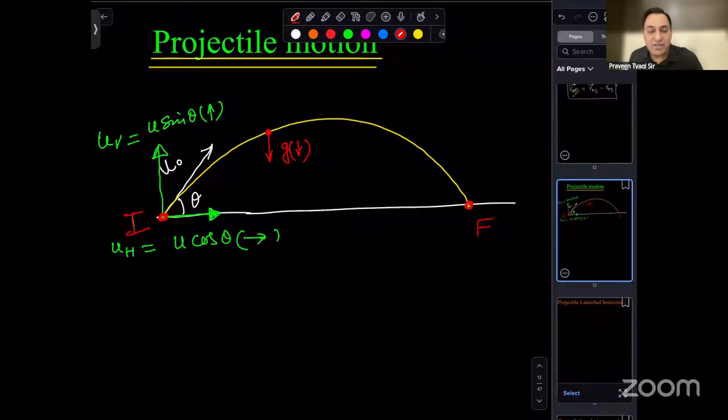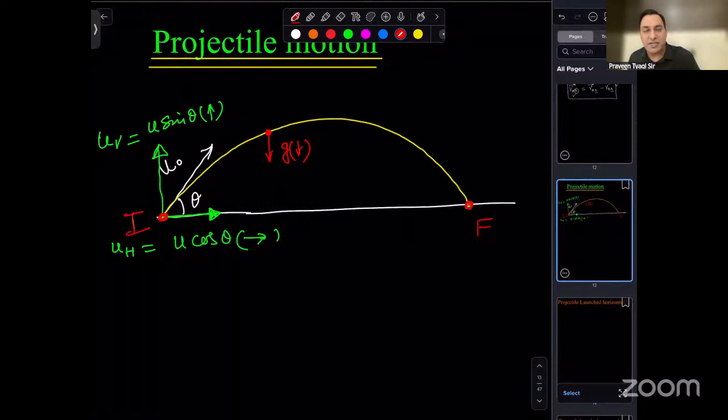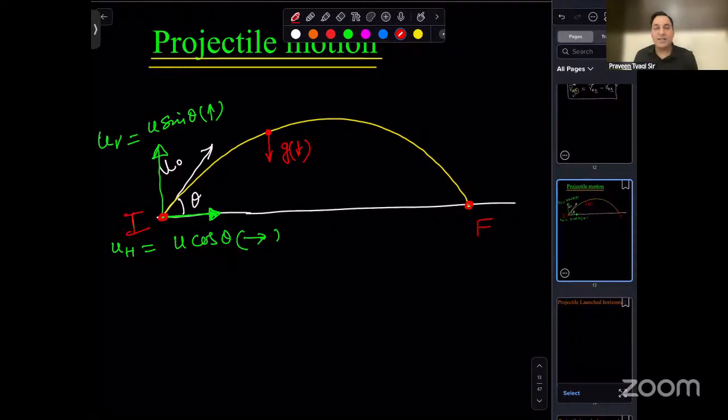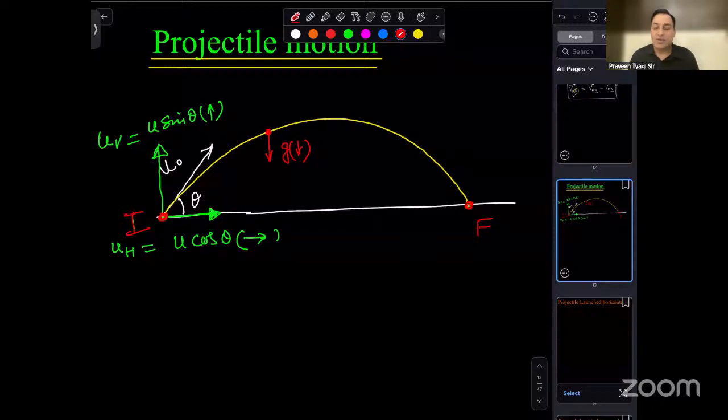The vertical direction has g downwards, because the earth is pulling it with mg downwards. So it has vertical acceleration and zero horizontal acceleration. Great. Now, in this motion, we will see that the horizontal velocity will remain constant.